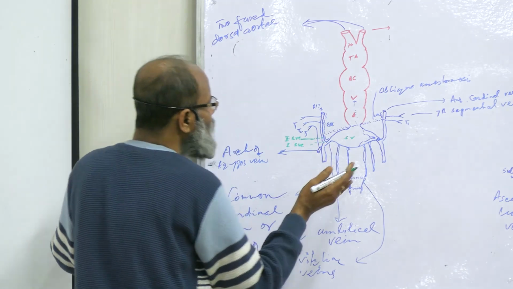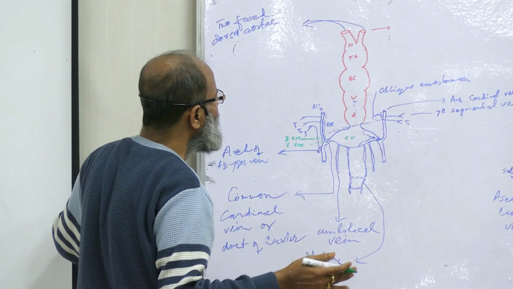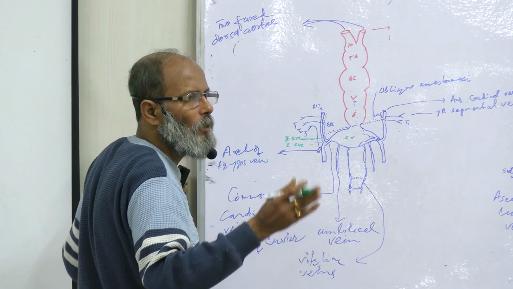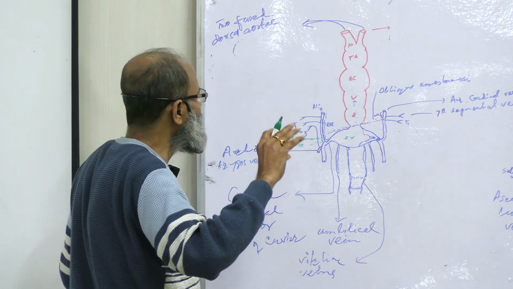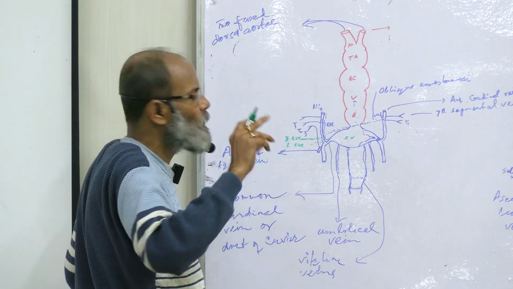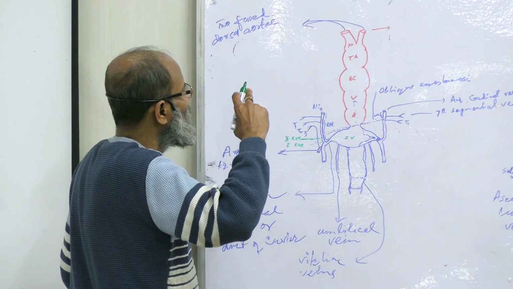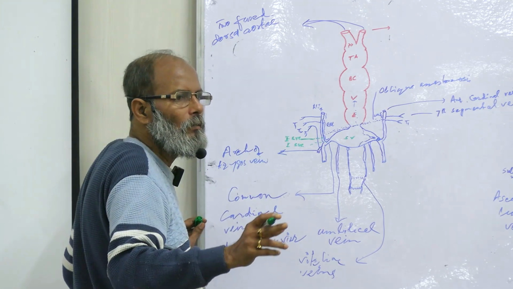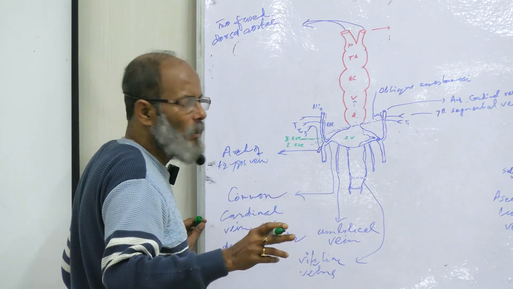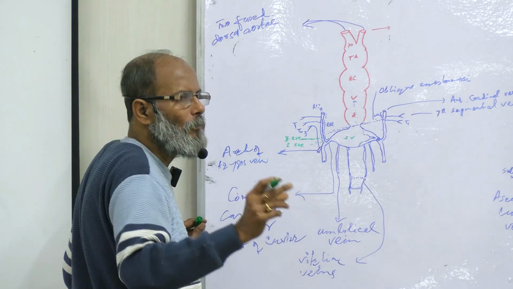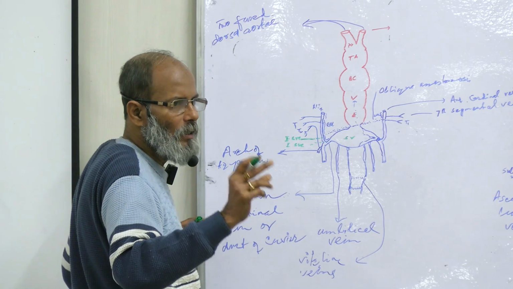So we are seeing that the SVC has two parts. One part has developed from the posterior part of the right anterior cardinal vein, and the other part is within the duct of Cuvier, the right duct of Cuvier.